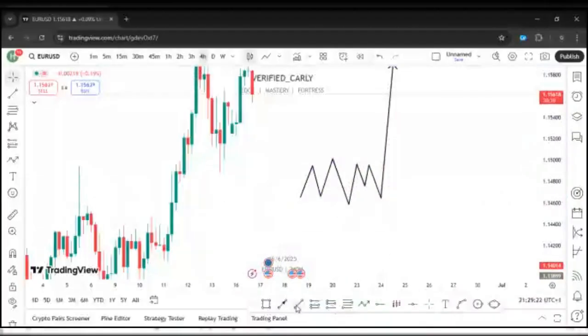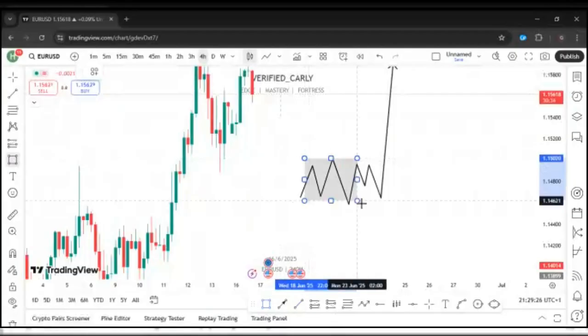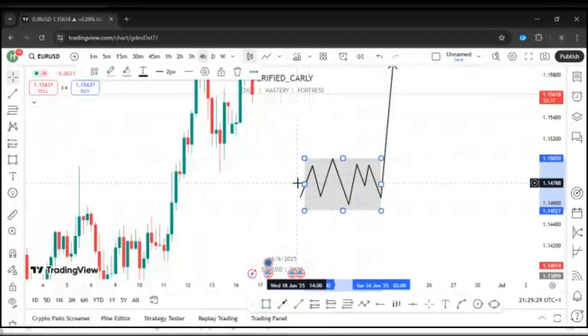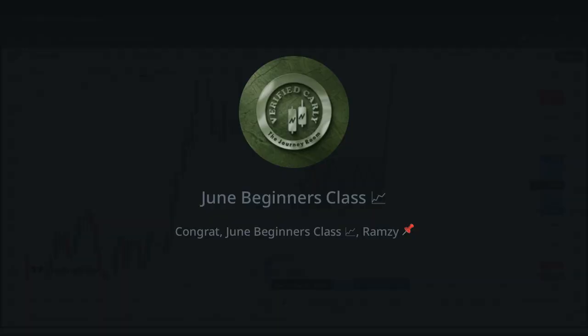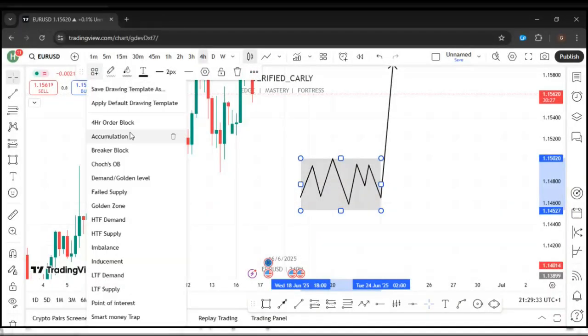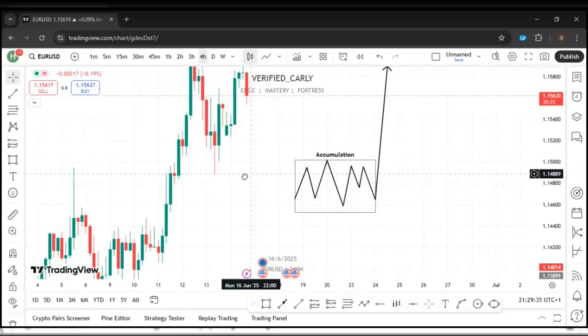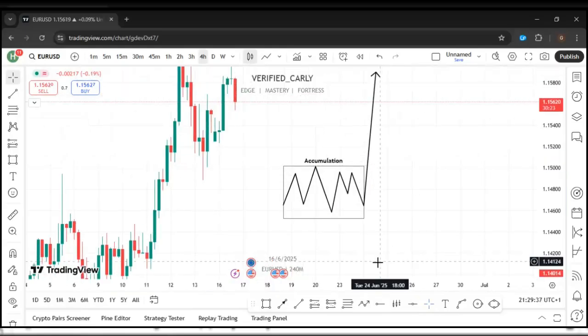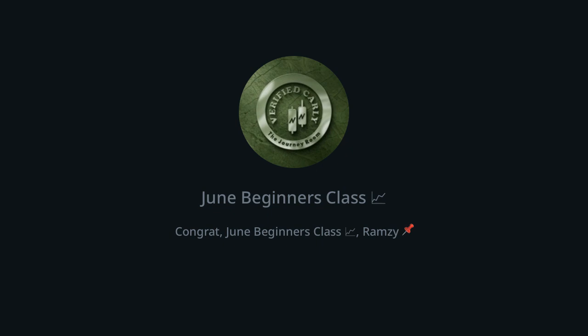This is a consolidation phase. Let me just use a box to show it. You can just say accumulation. Accumulation is also known as consolidation because price is accumulating.